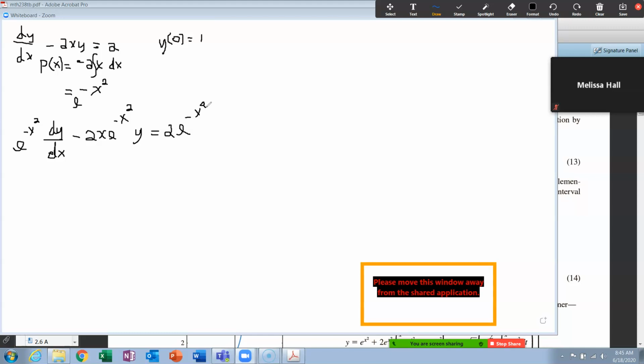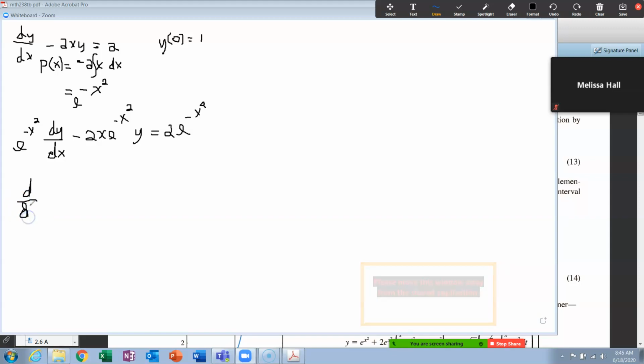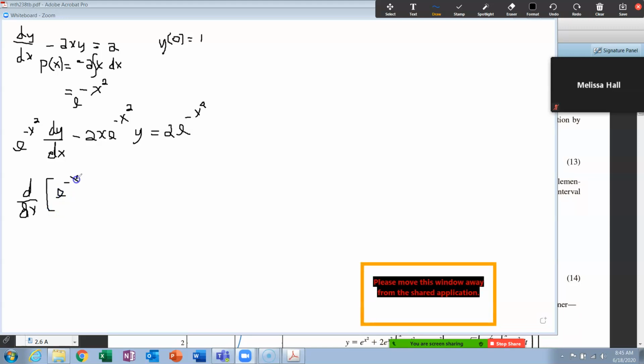Why did we do all this? Because this is supposed to produce a perfect derivative on the left-hand side. And this is supposed to be d by dx, whatever your independent variable is in the bottom here, of your integrating factor, e to the minus x squared, times y.